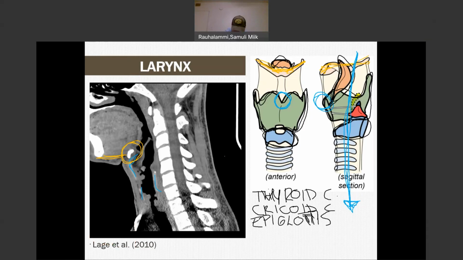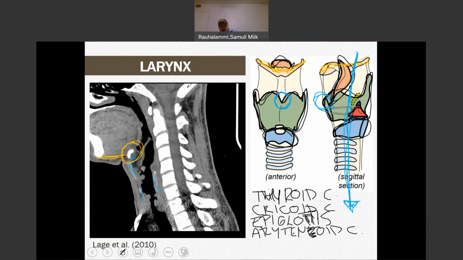I also want to highlight arytenoid cartilage. Arytenoid cartilage, this kind of a three-sided triangular structure within the thyroid cartilage, hidden there inside.